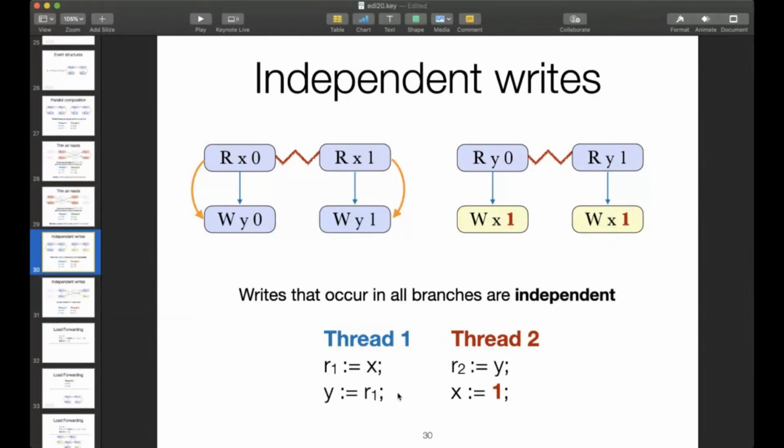But in thread 1, whether we load 0 or 1 from x, it dictates the value we write to y. So what we're using the event structures here for is to have oversight across all of the possible traces that we might have and spot these symmetries. Does that help?